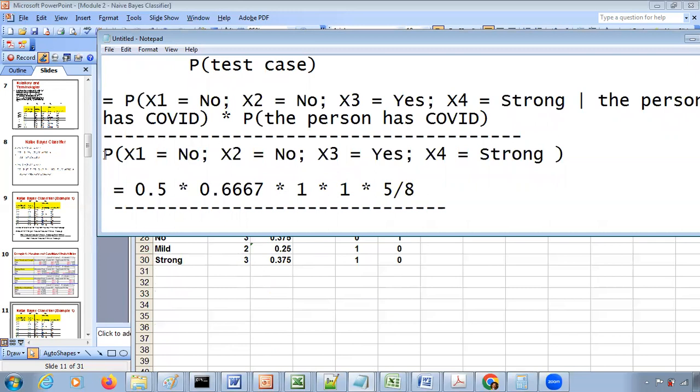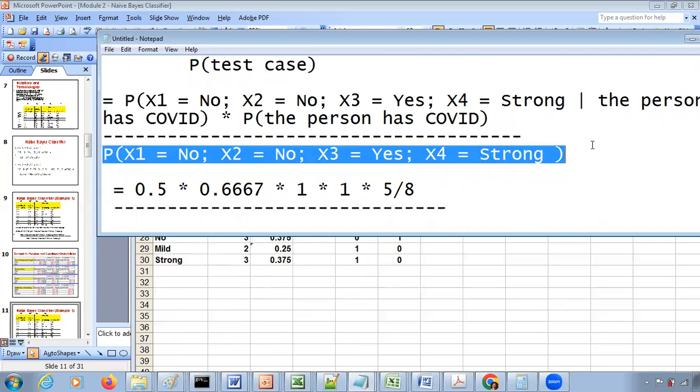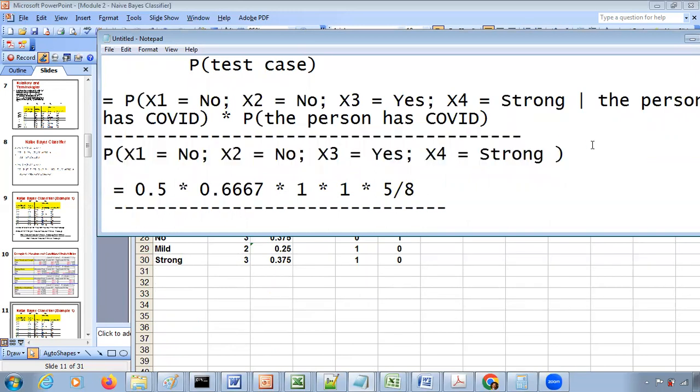Then the absolute probabilities. So x1 equals no, x2 equals no, x3 equals S, and x4 equals strong. Again, remember the features were independent according to assumption, so we can break it down into probability of x1 equals no times probability of x2 equals no times probability of x3 equals S times probability of x4 equals strong.